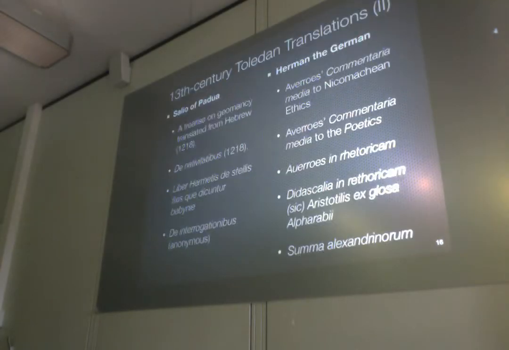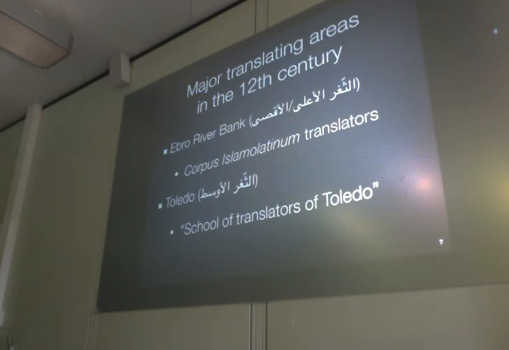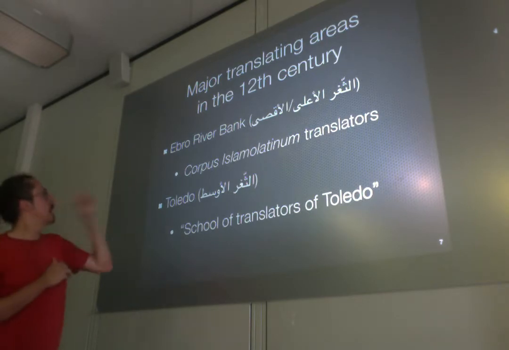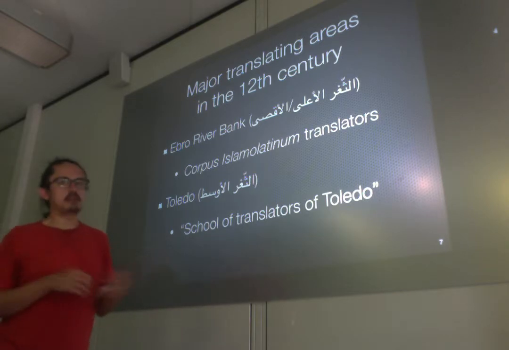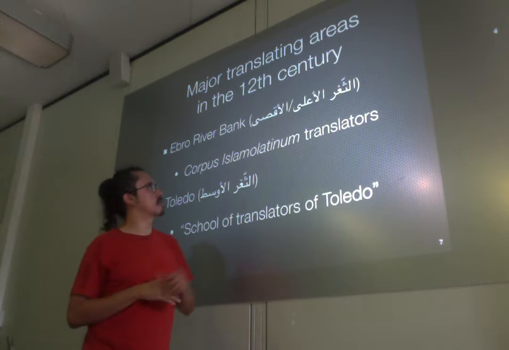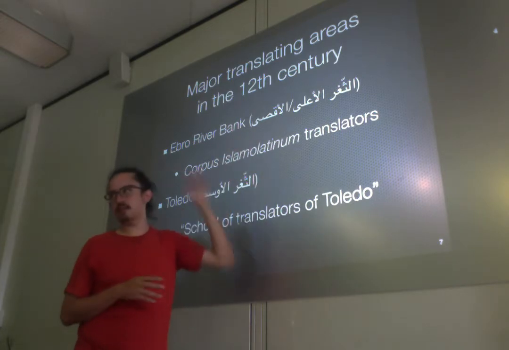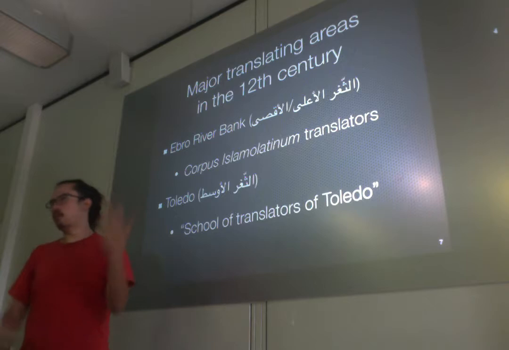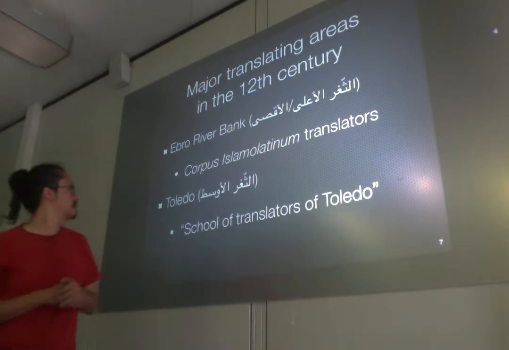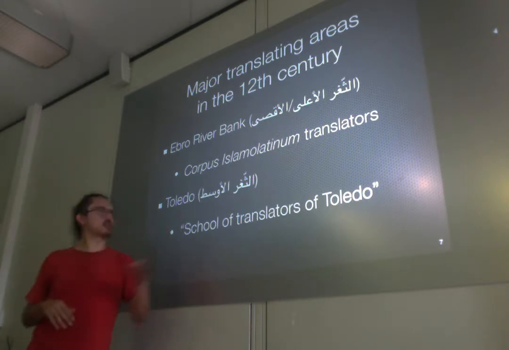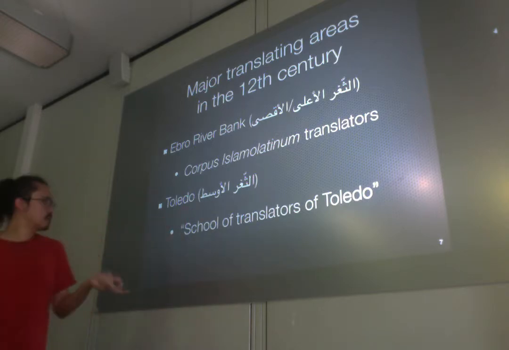I just put down these major translating areas in the 12th century. As I said, the Ebro River bank, which is what was called Thagher al-A'la, the upper border, or the furthest border. Toledo and the Rio Tajo, which was Thagher al-Awsat, the middle border.